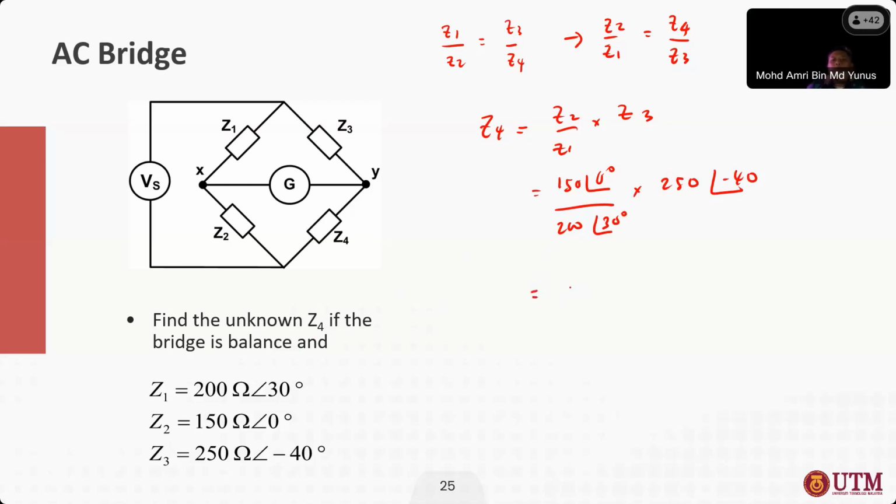So we have 150 multiplied with 250, the magnitude part, divided by 200, whereas the angle, we have 0 degree plus minus 40 degree, and then minus 30 degree.